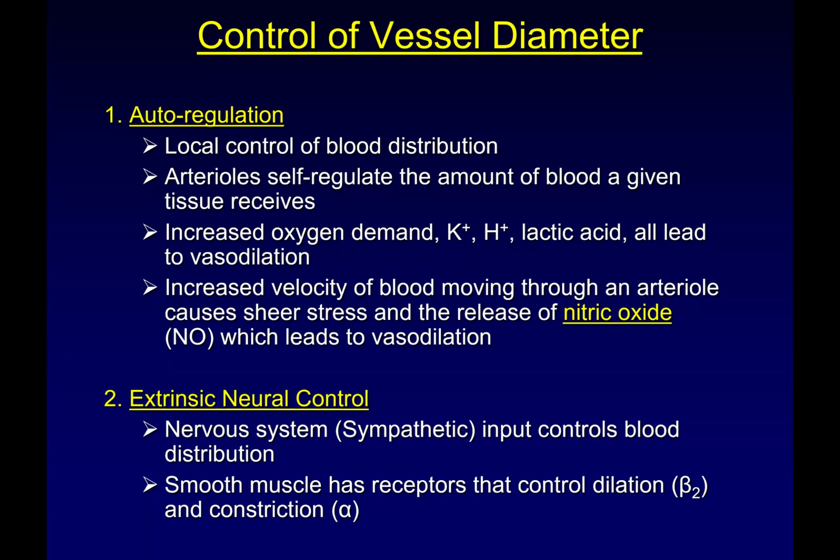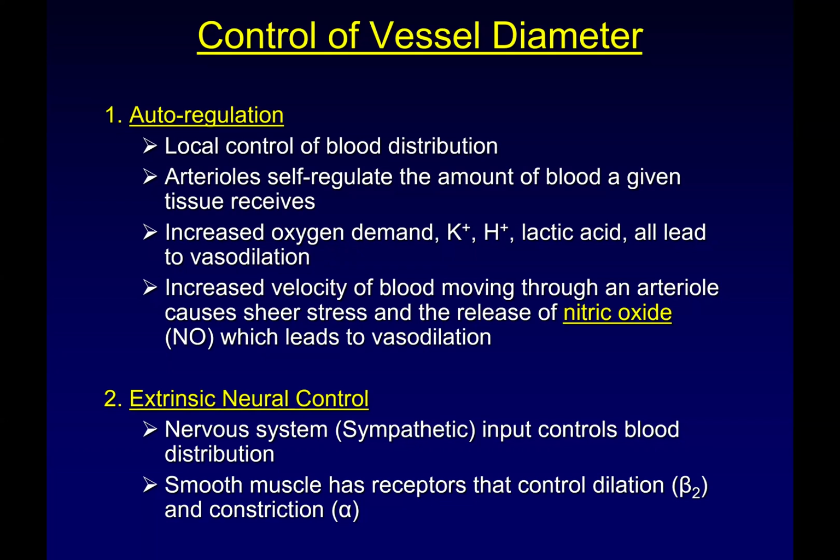Okay. If skeletal muscle has more beta 2 receptors, less alpha receptors, whereas your digestive system has more alpha receptors and less beta 2 receptors, then that same epinephrine and norepinephrine will cause very opposite responses to the blood vessels in each tissue.